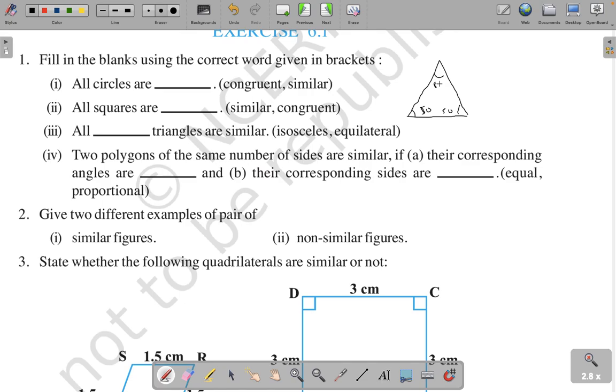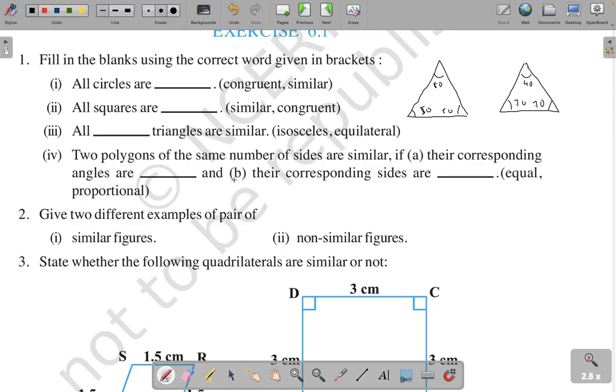And this can be another isosceles triangle, say this is 70, this is 70, and this is 40. Both are isosceles triangles, but are they similar? No, right?